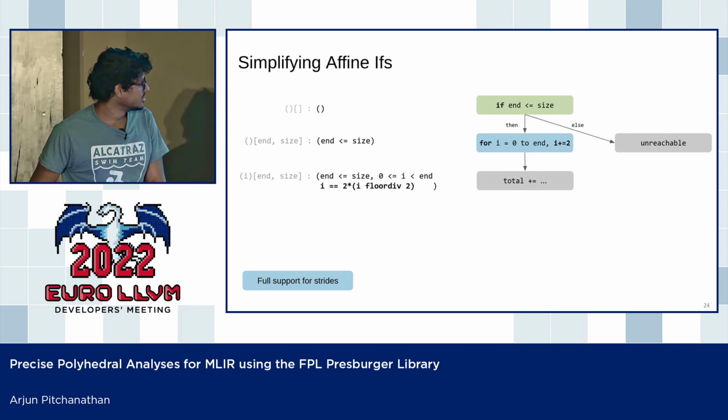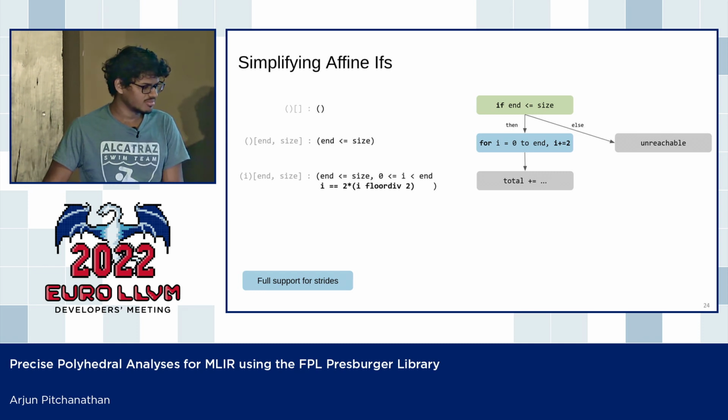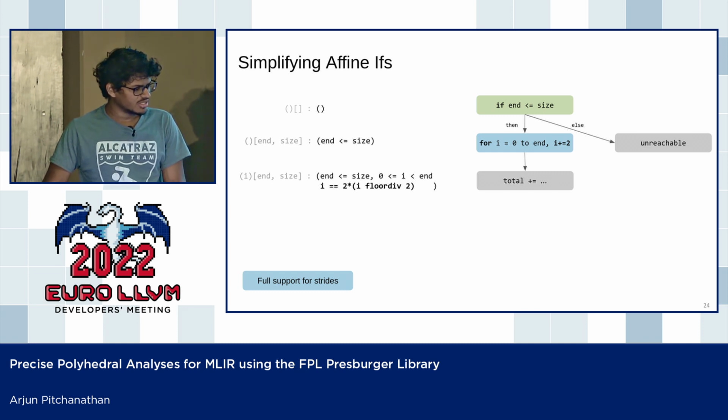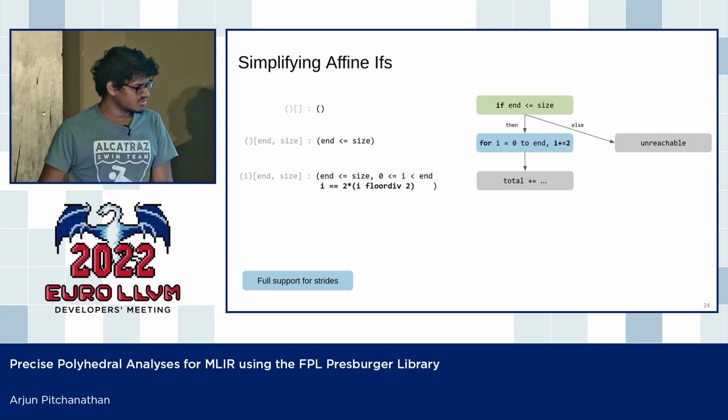As compared to the implementation that we saw in the LLVM dev talk from last year, we have a much more robust mathematical framework where you can support many other things, like strides. If instead of I++, you had I plus equal to 2, you can still support it because, as I mentioned earlier, you have support for those floor divs, which means that you can add modulo constraints.